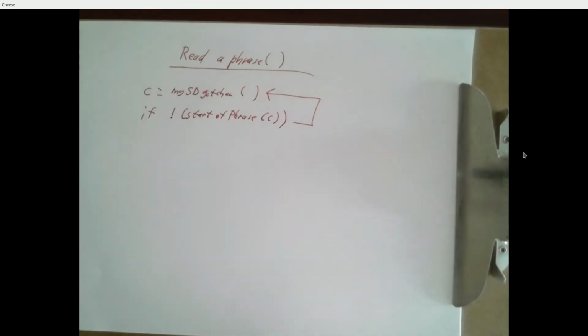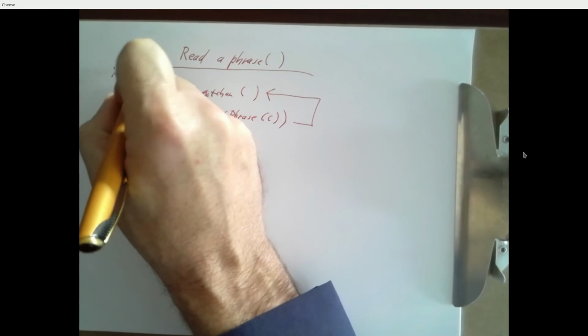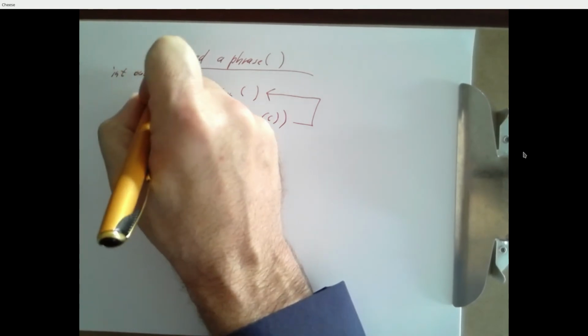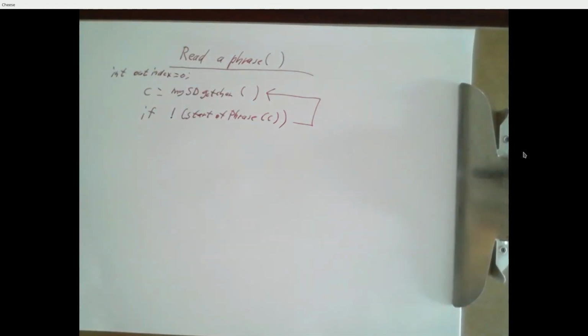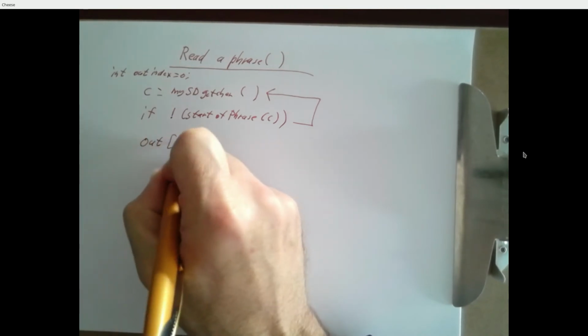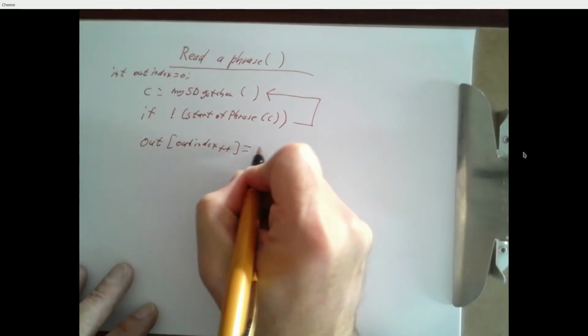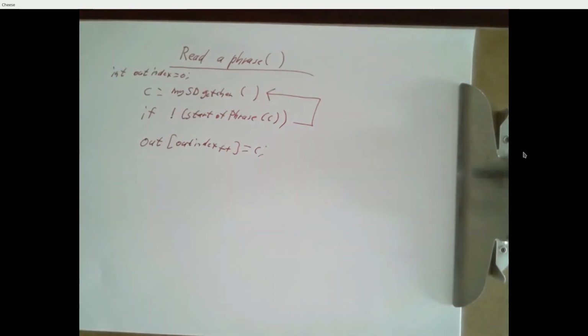And I'll keep doing that until C is the start of a phrase. And maybe I'll do an output index, which I'll initialize to 0. So once I get a character that's the start of a phrase, I might say out index ++ equals C. So that copies my character that is the start of a phrase into my output array and bumps up out index.